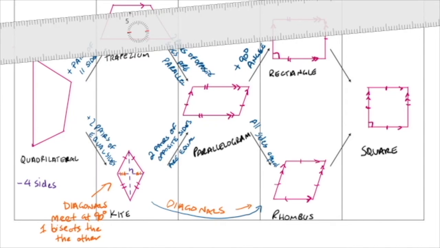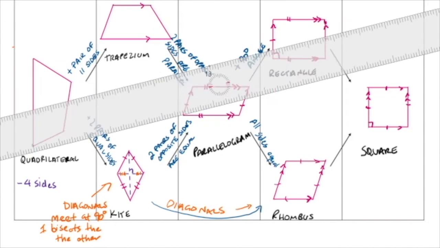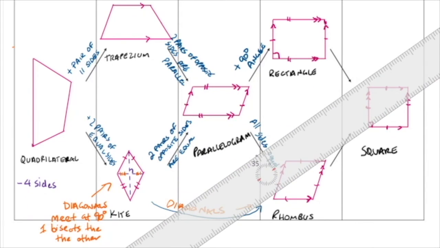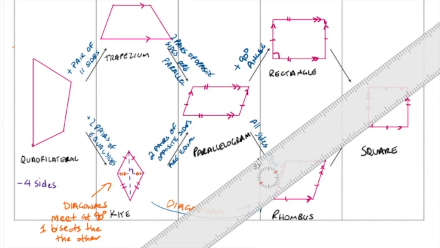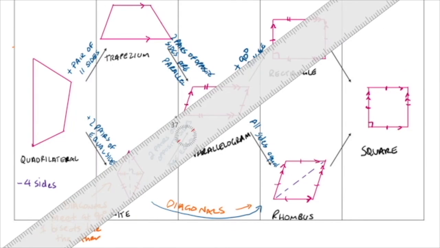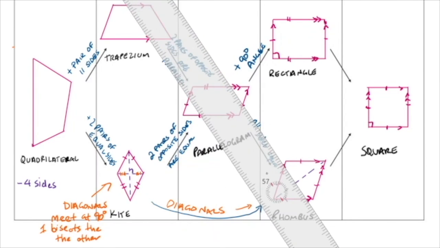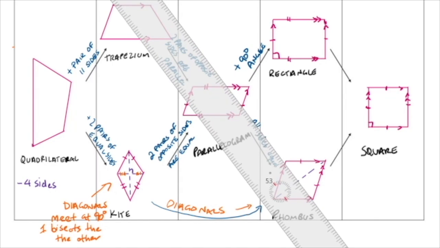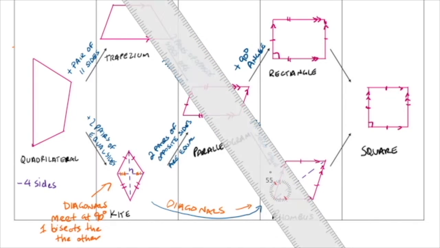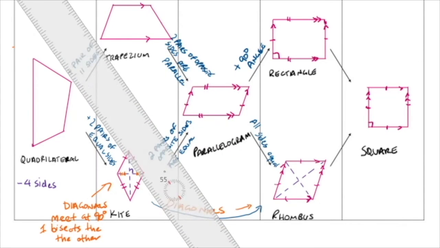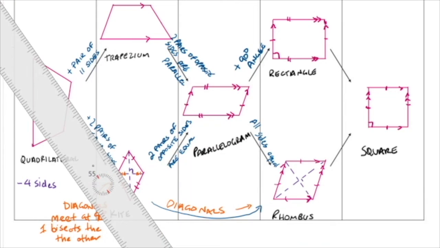Okay, so with our rhombus, we have our diagonals, and we have our other diagonals, and what we've got here is these guys meet at 90 degrees as well, but they bisect each other.